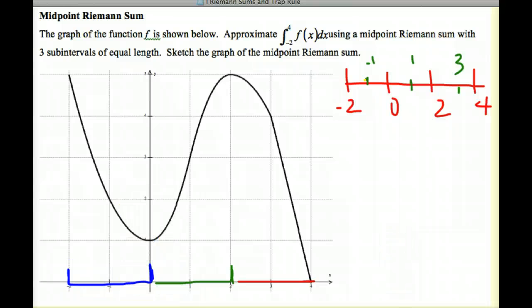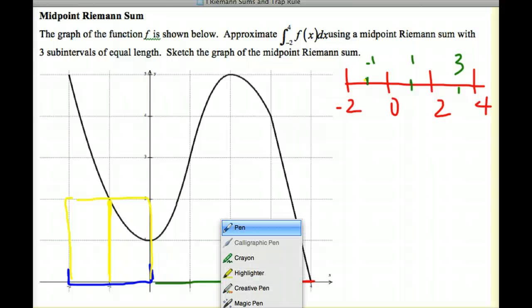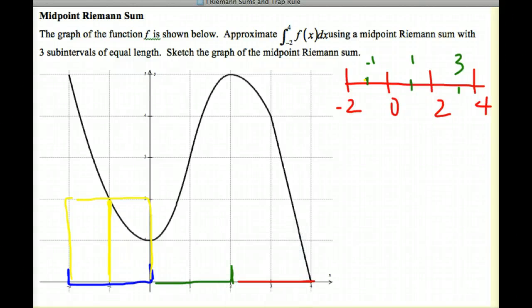Over here, my -1 shows me that I draw a line up to here, and that is how tall I want my rectangle to be. So then I color this in. If you notice, I color this in yellow right here. And my midpoint was -1, so that's how tall my rectangle is going to be.